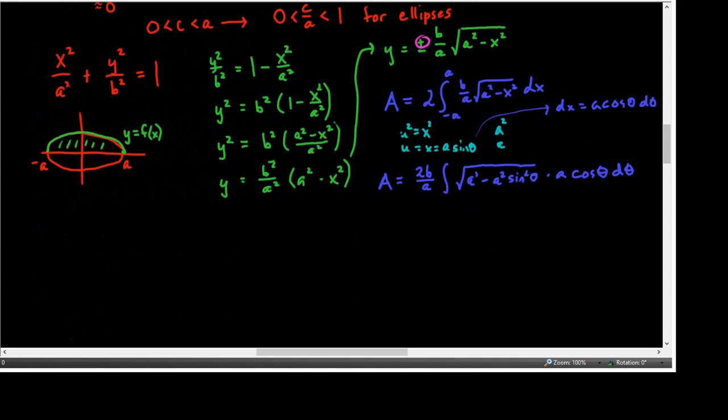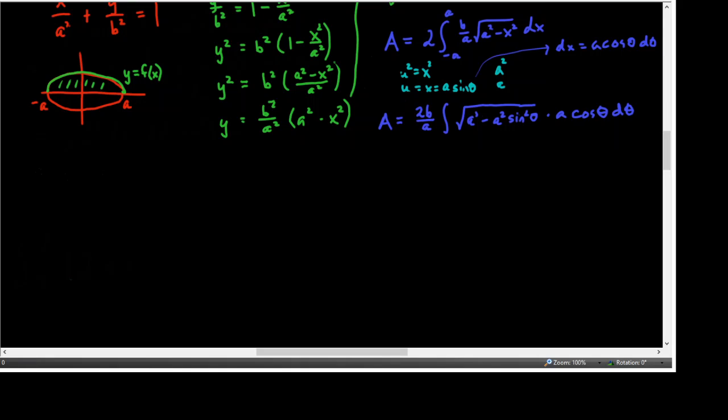Okay, so the a next to the cosine theta, if I were to bring that out in front, times 2b over a, that would cancel, leaving 2b. And if you factor out the a squared under the radical, you'll have a squared times the quantity 1 minus sine squared. The a already went out in front, so that would leave cosine theta d theta.